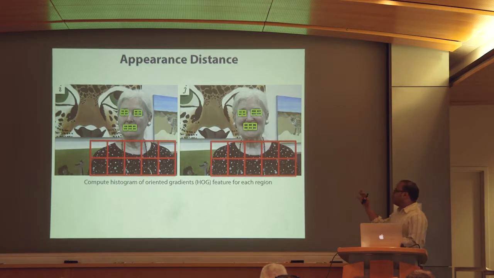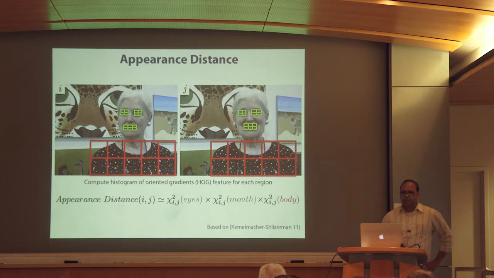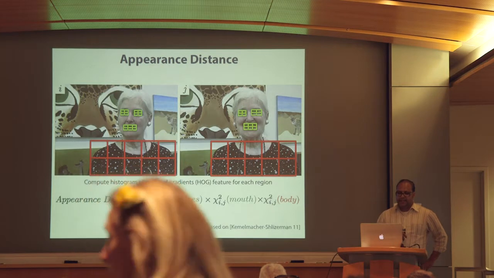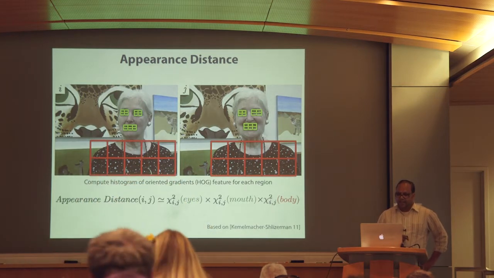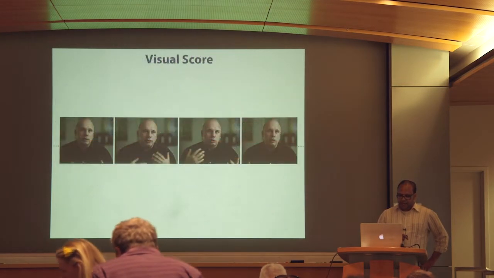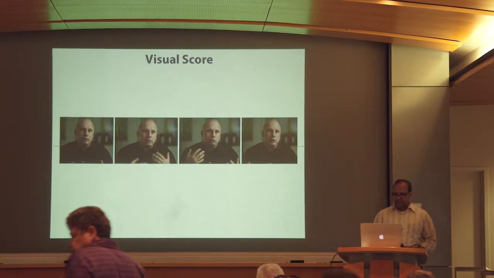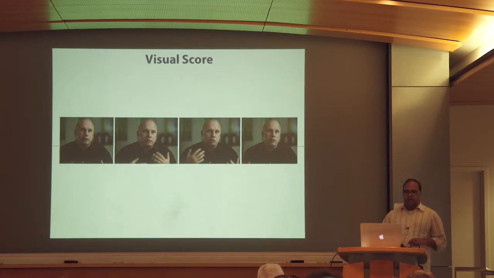So we need to capture the variance in appearance in that region. And so the distance then is proportional to the normalized chi-square distance for these feature vectors. And we now combine these into a full score.